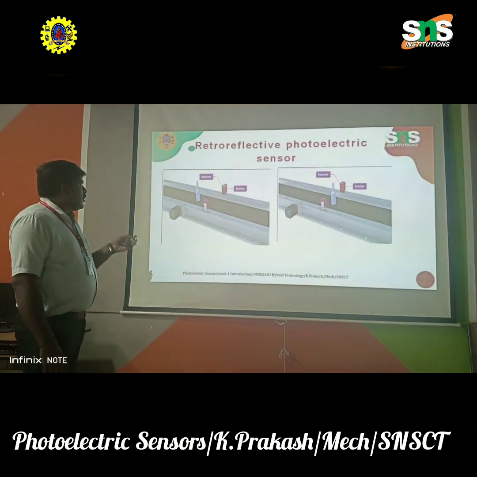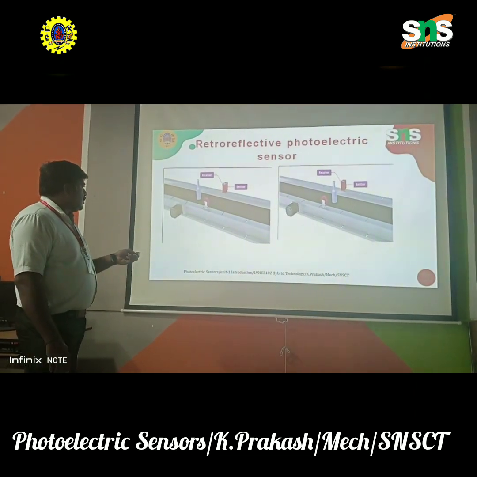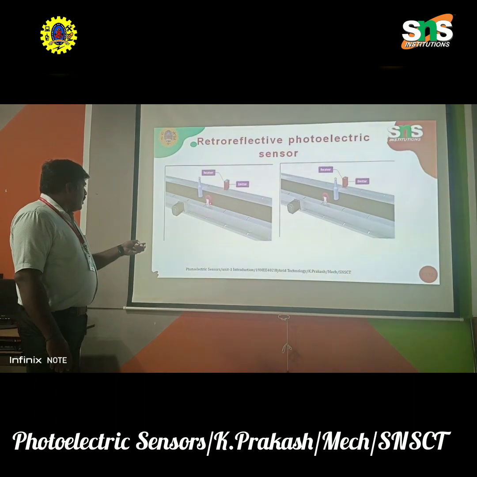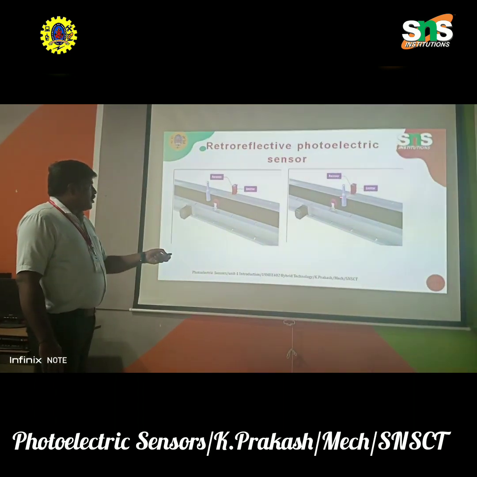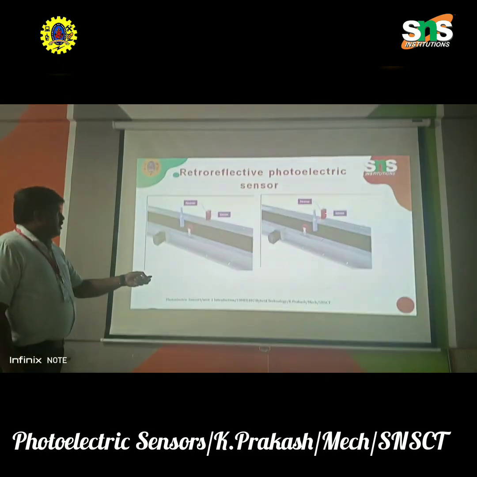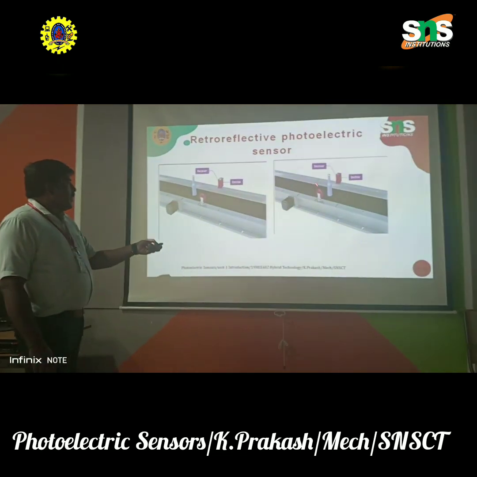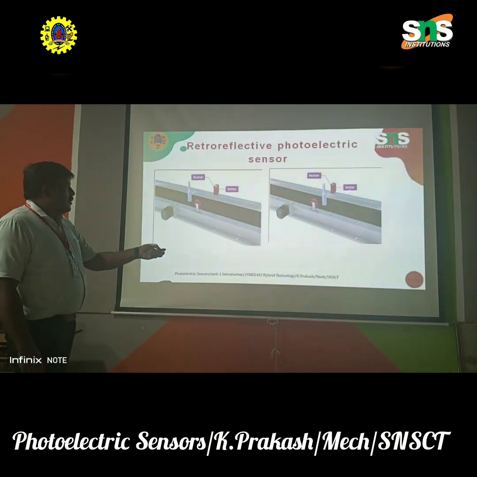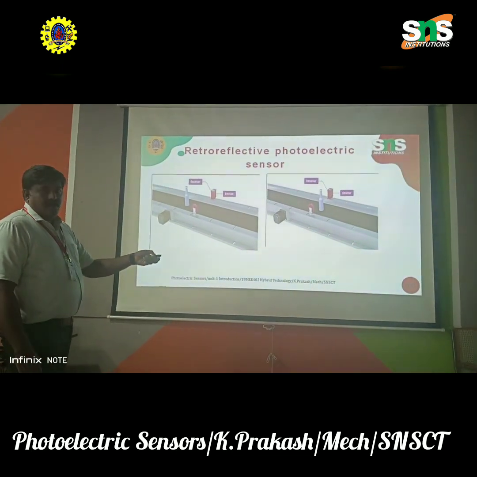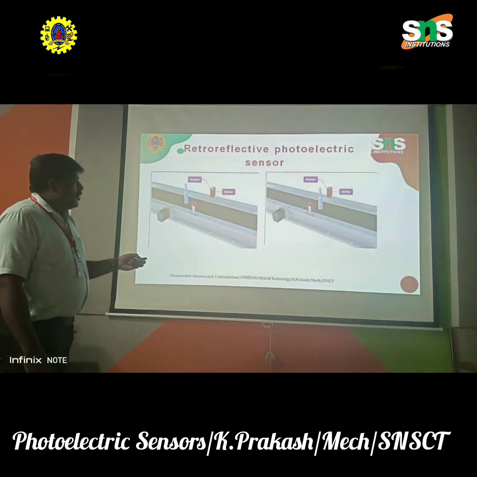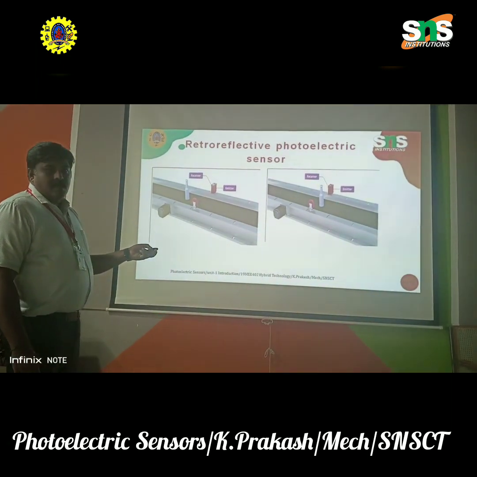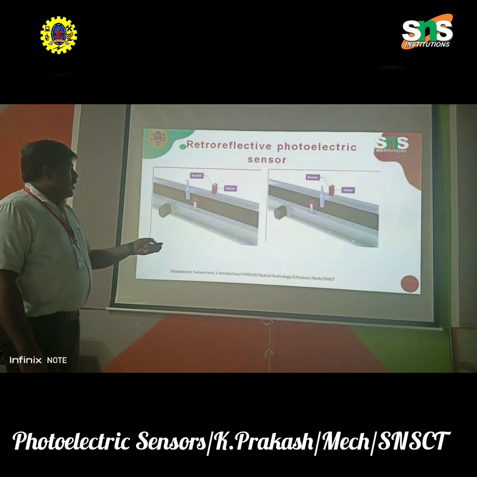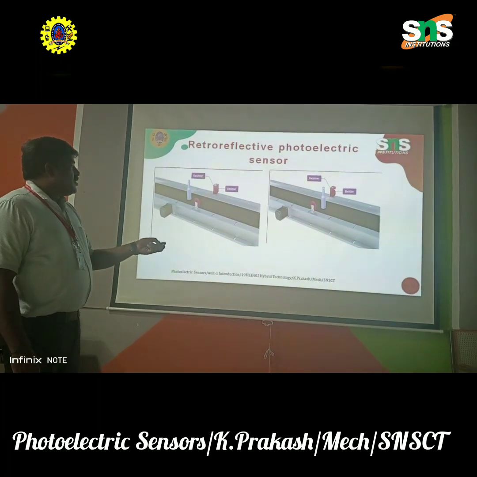This is the retroreflective sensor: the light comes here and is emitted back. So the receiver and the emitter are on the same side. Whereas in the through beam, the emitter is on one side and the receiver is on the other side.